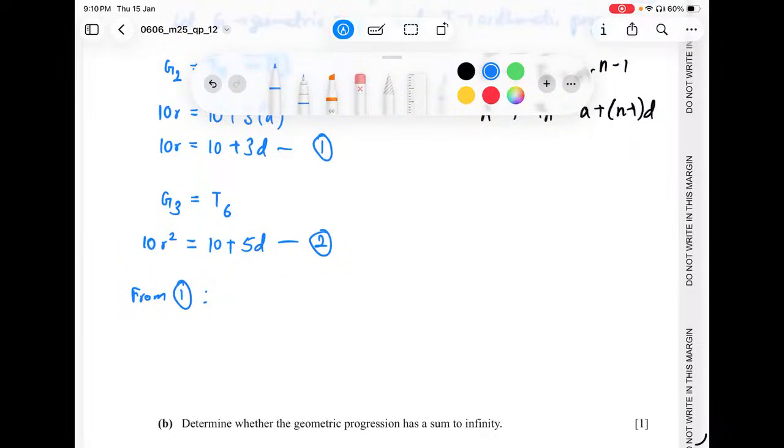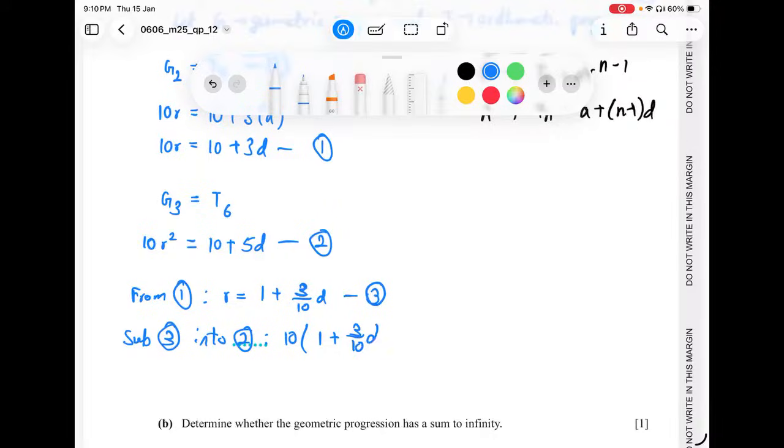So here from 1, we take r is equal to 1 plus 3 over 10 d. So that's your third equation we formed. And you need to substitute this 3 into 2. So r should be (1 plus 3 by 10 d) squared equals to 10 plus 5d.